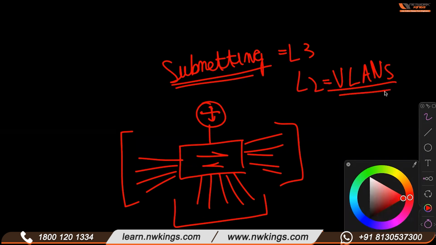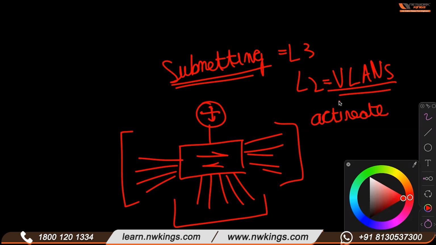Okay. So now when we work with VLANs, we don't have to create something. VLANs are already there inside the switch. We just need to activate it. Right? We just need to activate the VLANs.